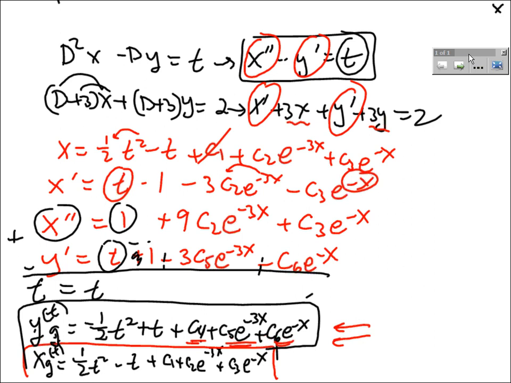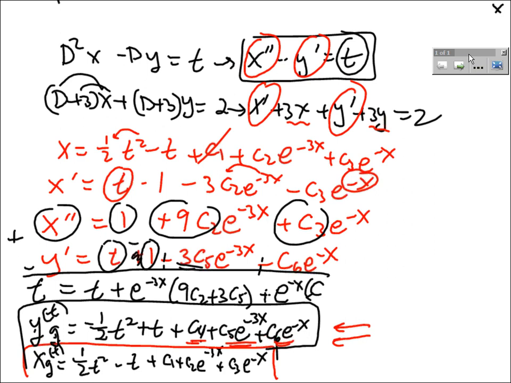The 1 minus the 1 cancels, and we get a multiple of e to the negative 3x's. We have 9c2 of them, and we're adding 3c5, plus we're getting a multiple of e to the negative x. We have c3 plus c6 of them.